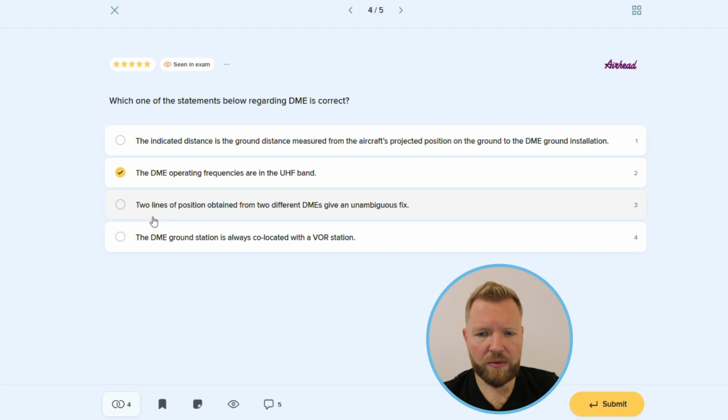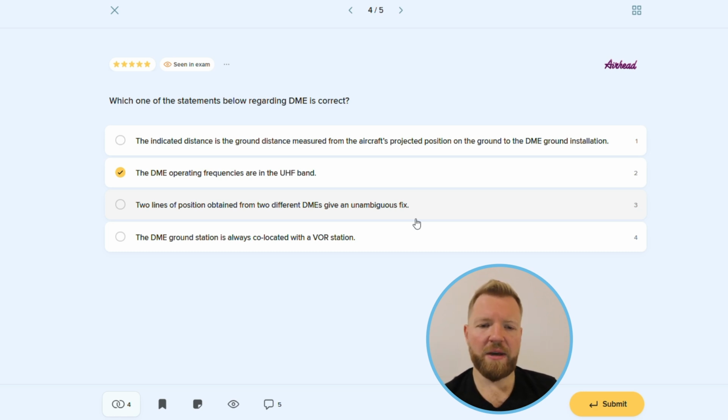Now let's check the last two answers. Answer number 3: 2 lines of position obtained from 2 different DMEs give an unambiguous fix. Okay, a line of position is a line to the station or around the station with a possible location of the target. So for DME, it will be a circle with a specific slant range as a radius.